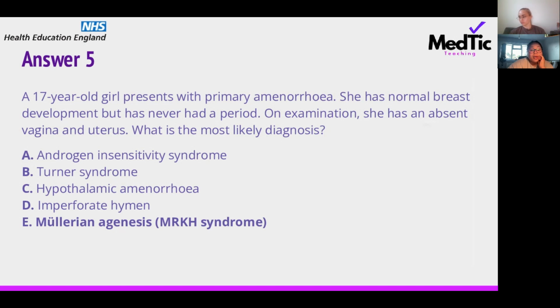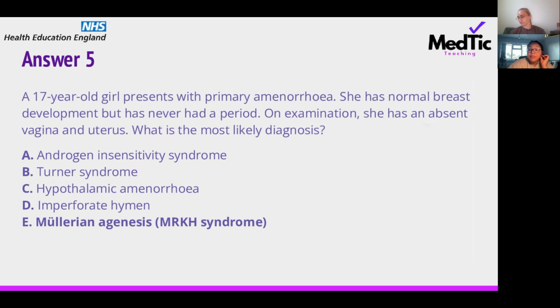Hypothalamic amenorrhea causes suppression of GnRH, often due to stress or quite low body weight. But the uterus and vagina are both present, and there are no anatomical anomalies.